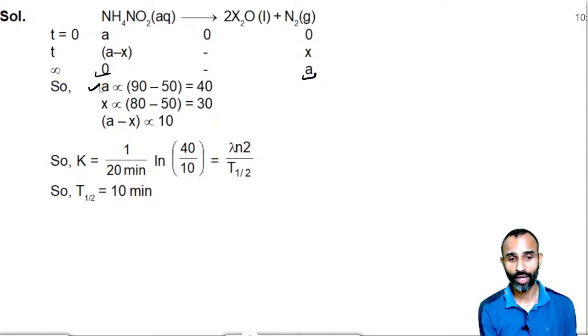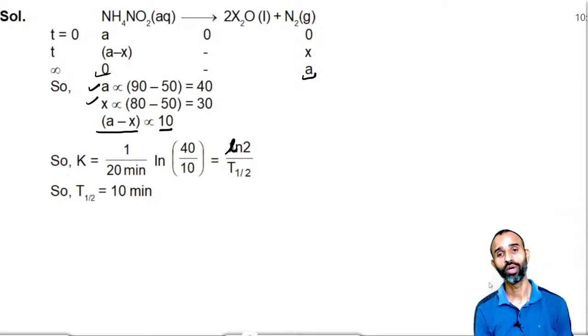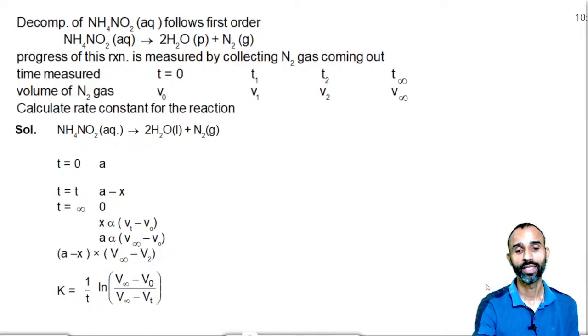So a is proportional to 90 minus 50, and x is proportional to 80 minus 50. That means a minus x is 10. This way, ln 2 by k, the half-life, comes out to be 10 minutes.